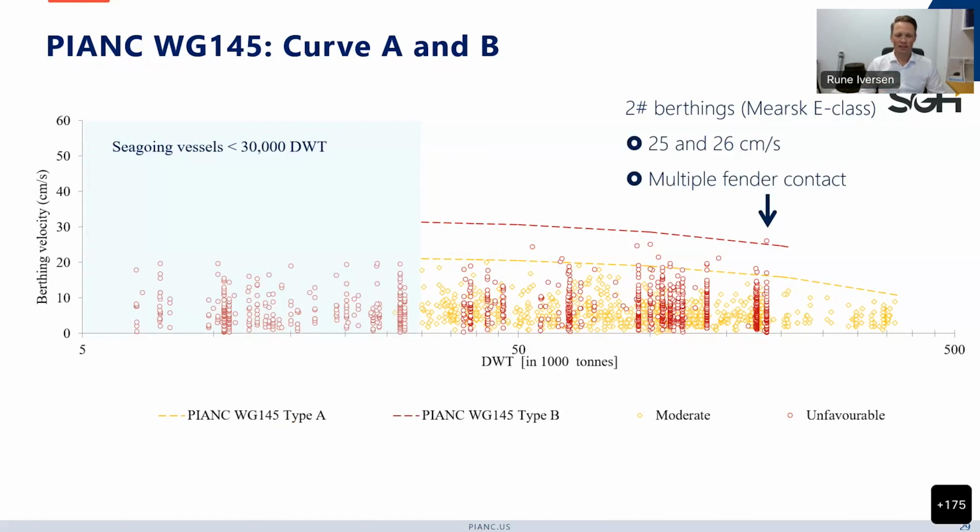If you're looking at the red dots below where the yellow dots are, and imagine where the average of these is based on the density of dots, you can see that the design velocities often are maybe between 2 and 3 times higher than the average of all the velocities that you have recorded.